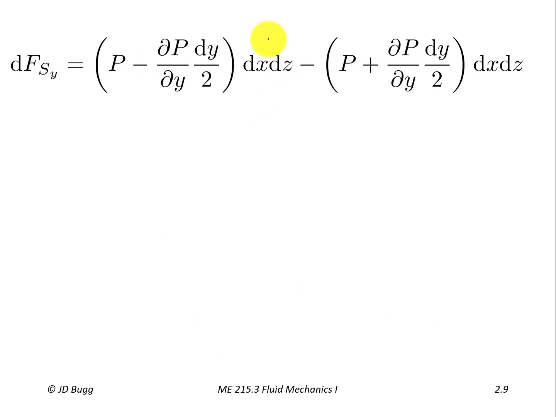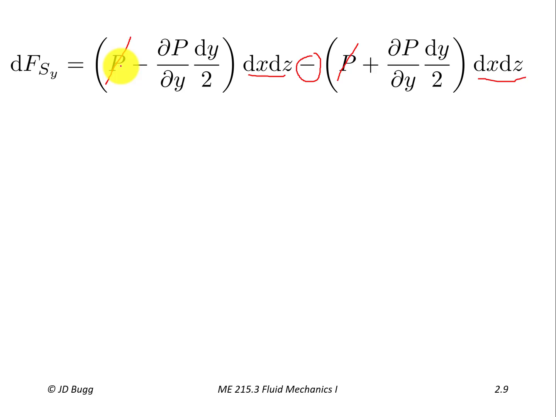So here's the force on the left face minus the force on the right face to give the net force in the y direction. If you take a look at this, notice that this p and this p cancel because of this negative sign right here. They're both multiplied by dy dz, so that's the same, and that pressure and that pressure cancel.